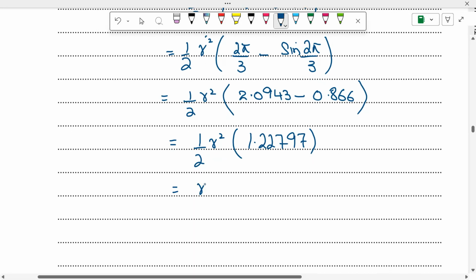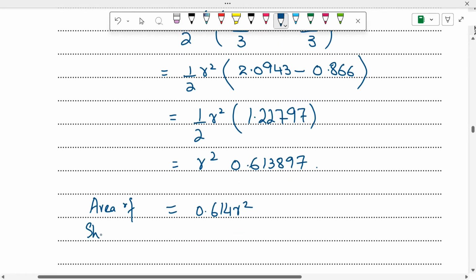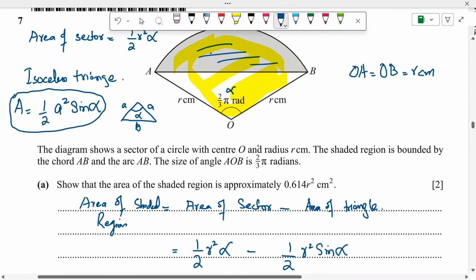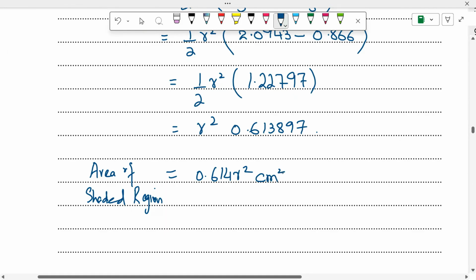Further solving, 1.22797 divided by 2 is 0.613897. This is equal to 0.614 r square. So this one is the area of the shaded region. We know that the radius is in centimeters, so the area will be centimeters square.